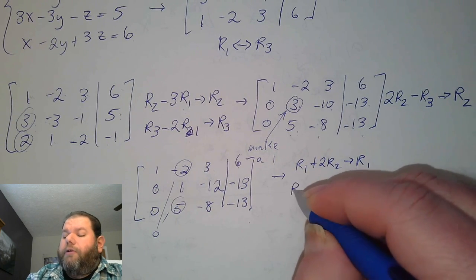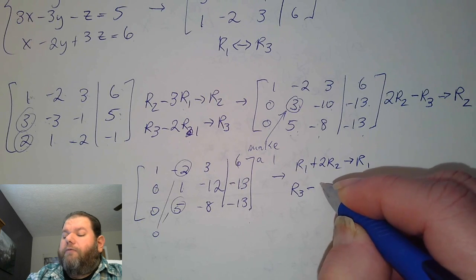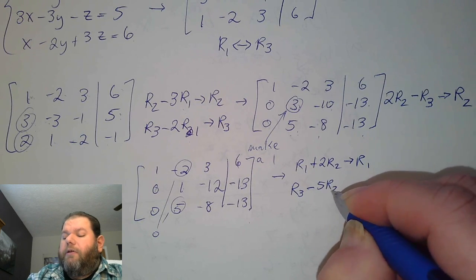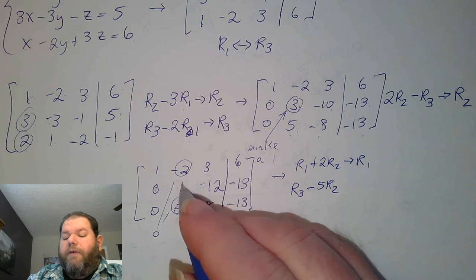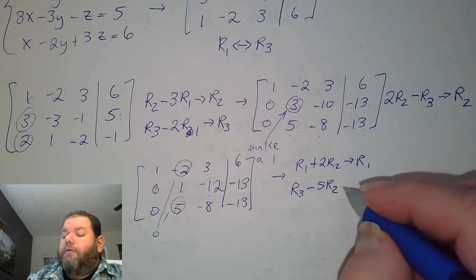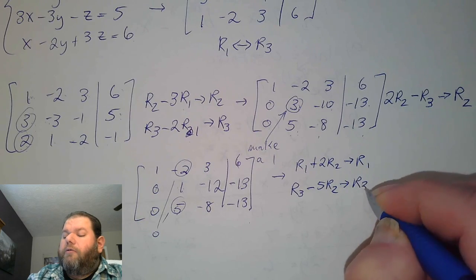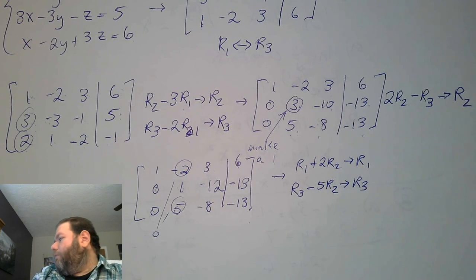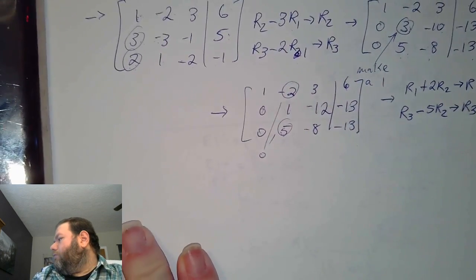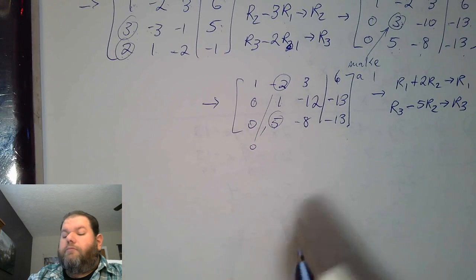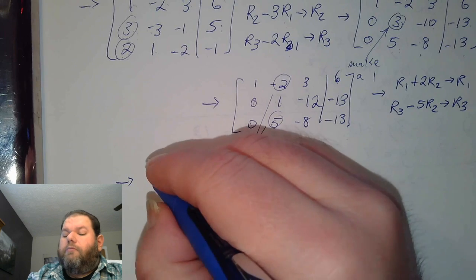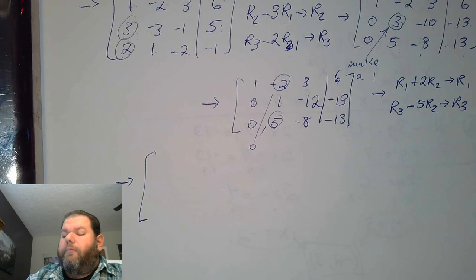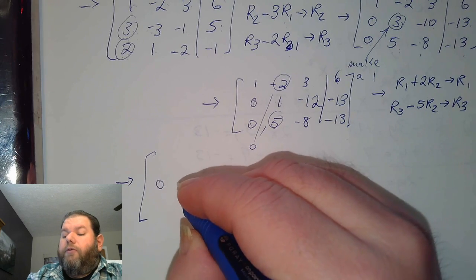And for row 3, we can subtract row 2 five times. 5 minus 5 times 1, 5 minus 5 will make that a 0. Okay, so the only row we're not changing is row 2.